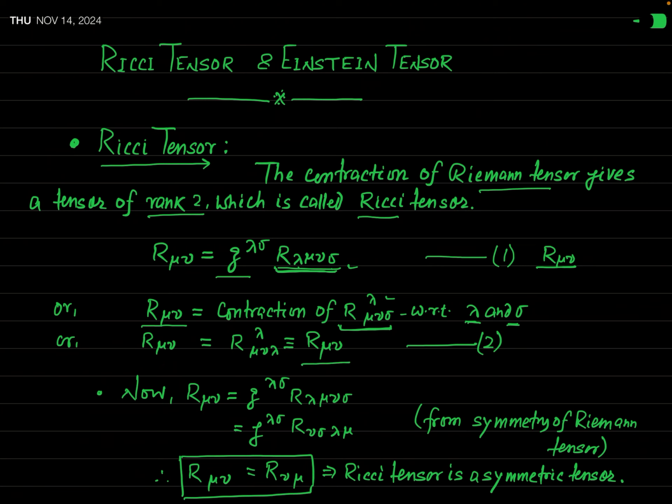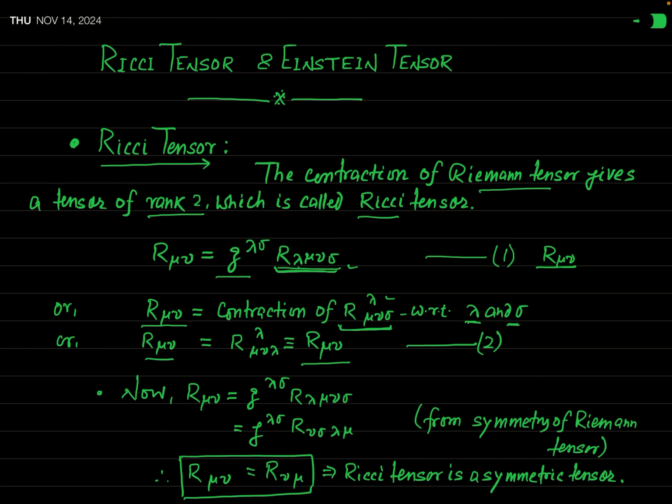In this way you can easily say that when we take a Riemann tensor and consider the contraction of the Riemann tensor with respect to two indices, then we get simply the Ricci tensor.